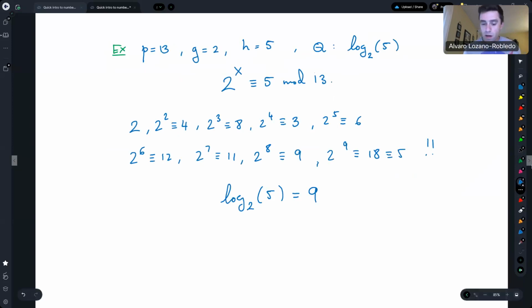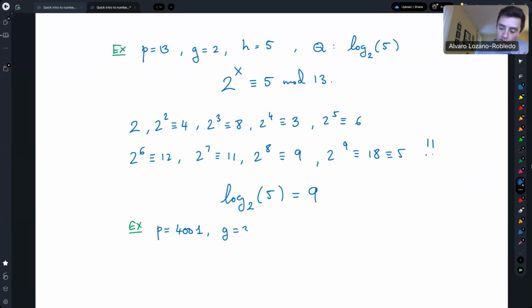Okay, but now try to do the following. Try to figure out, if P is 4001 and G is 3 and H is 5, what is the logarithm in base 3 of 5 for 4001.